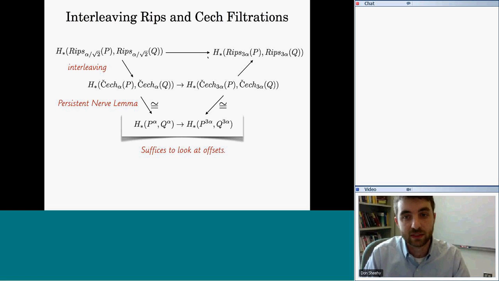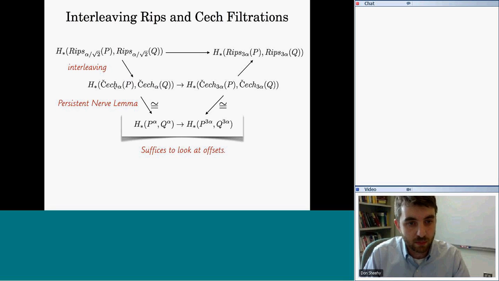We're looking at this pair of Rips complexes into this pair of Rips complexes. You can include these Rips complexes into corresponding Cech complexes. And this across the top, our TCC, factors through this map of Cech complexes.